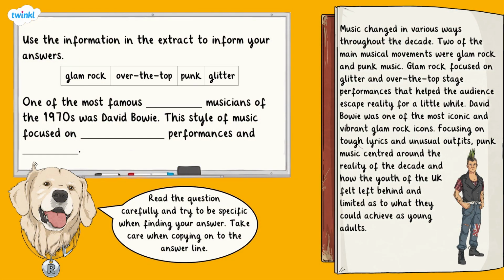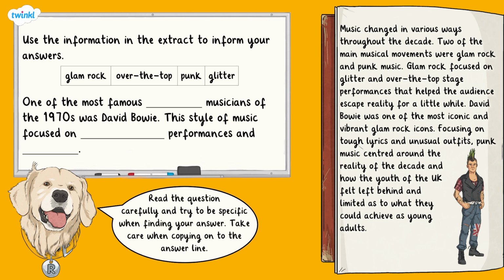Now let's have a go at another fill in the missing word question. Here we are given a choice of words or phrases to fill the gaps in a completely new sentence. Remember, you need to make sure your answers match the information from the text. One of the most famous blank musicians of the 1970s was David Bowie.